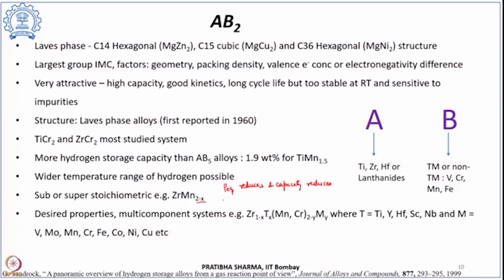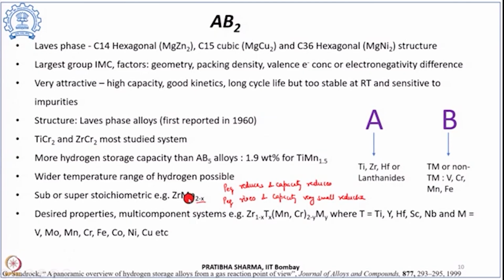However, when it is 2 plus x, then the equilibrium pressure rises and capacity shows a very small, negligible reduction as against Zr Mn 2. So, we can see that we can tune the desired properties, like plateau pressure can be either increased or decreased by changing the composition here.